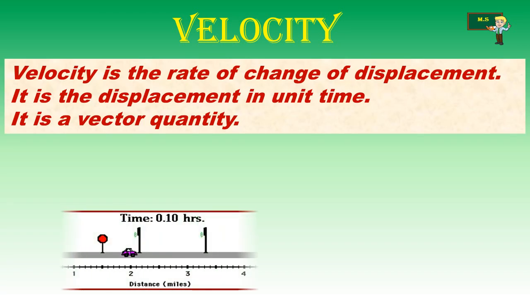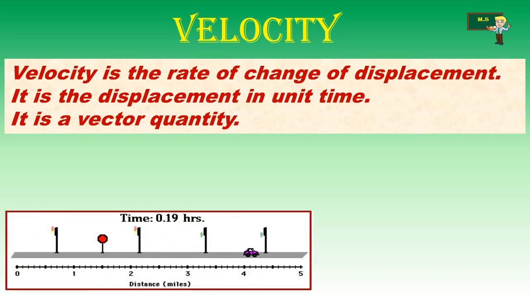I will give a definition for velocity. Velocity is the rate of change of displacement. It is the displacement in unit time, and it is a vector quantity. See, here you can have a good example.